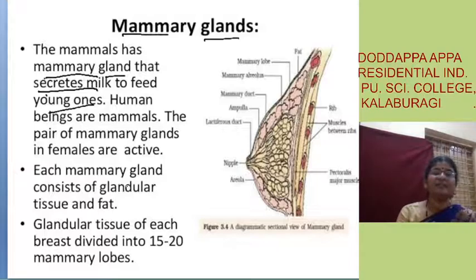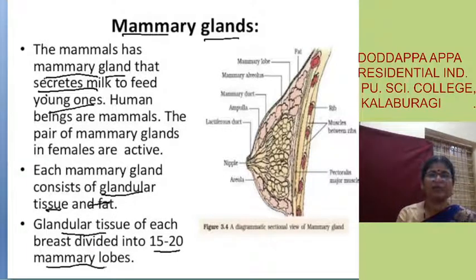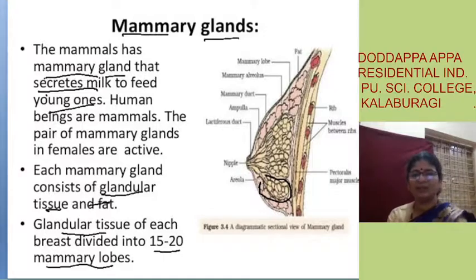These mammary glands mainly contain the glandular tissues and fat. And this glandular tissue mainly contains 15 to 20 mammary lobes. These are the mammary lobes, and each breast contains nearly 15 to 20 mammary lobes.